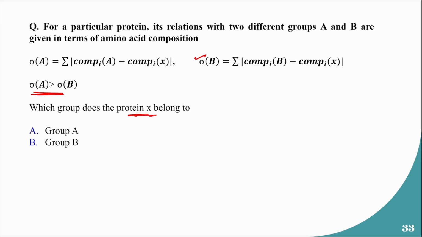Since the deviation from B is lower than the deviation from A, you will expect that this protein should fall into group B. If we are just using a simple example, there are only two groups, A and B. So the protein will more likely belong to group B because group B has a lower deviation value than group A. So this sort of simple reasoning type of questions might also appear in the assignments and so on.